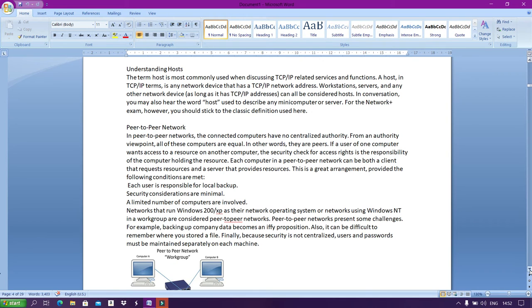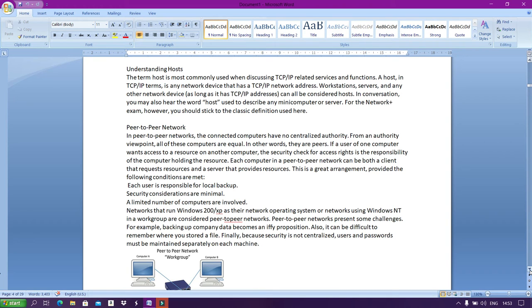Understanding hosts. The term host is most commonly used when discussing TCP/IP related services and functions. A host in TCP/IP terms is any network device that has a TCP/IP network address.